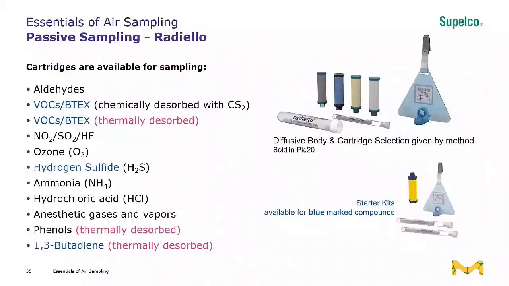When selecting Radiello as your passive sampling device for use in your application, it is important to know that there are a wide range of cartridges available for sampling the most highly requested sampling groups as an active sampling. There are cartridges available for the carbonyls, the aldehydes, VOCs or organic vapors, hydrogen sulfide, ammonia, 1,3-butadiene, ozone, and others.